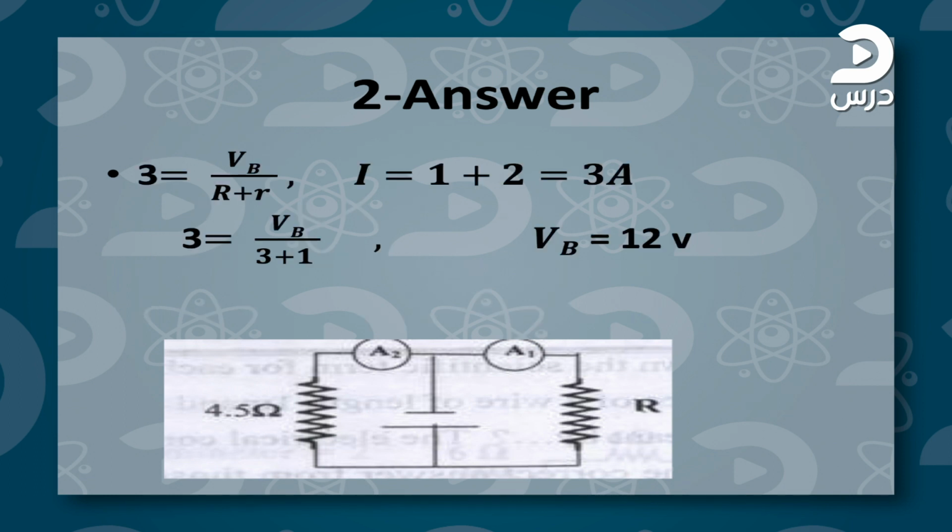But I equals VB over R plus r. Of course here the total current is 1 plus 2 equals 3 ampere, the summation of the branches. So I equals VB over R plus r: 3 equals VB over 3 plus 1.